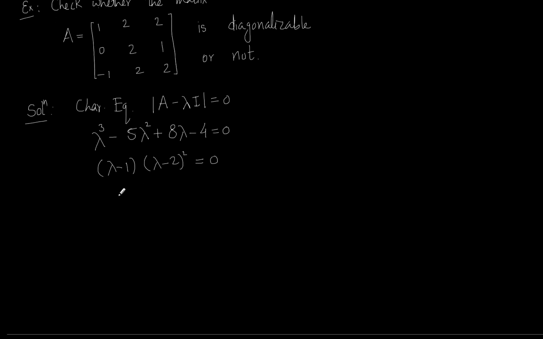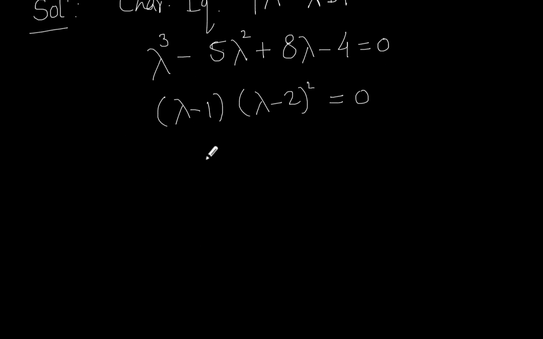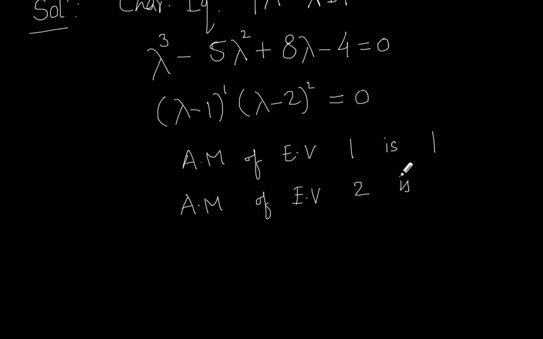You can see that the algebraic multiplicity of eigenvalue 1 is 1, the power being 1, and the algebraic multiplicity of eigenvalue 2 is 2, the power being 2.